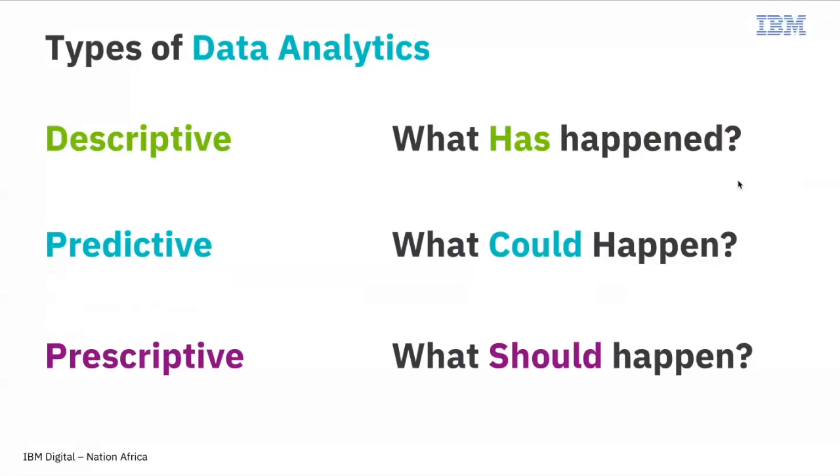Lastly, we have prescriptive analytics. It tells us what should happen. It combines both the descriptive and predictive analytics to prescribe the best course of action when making complex decisions. Prescriptive analytics not only allows you to make sense of raw data, but also allows you to determine the actions to take now. A common example of prescriptive analytics would be self-driving cars.